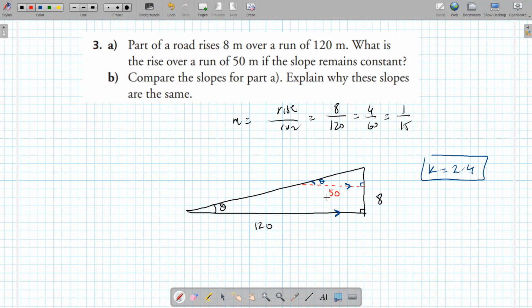So we know the run is 50. How do we find the rise here, using the scale factor? Are you going to do 8 times 2.4 or 8 divided by 2.4?